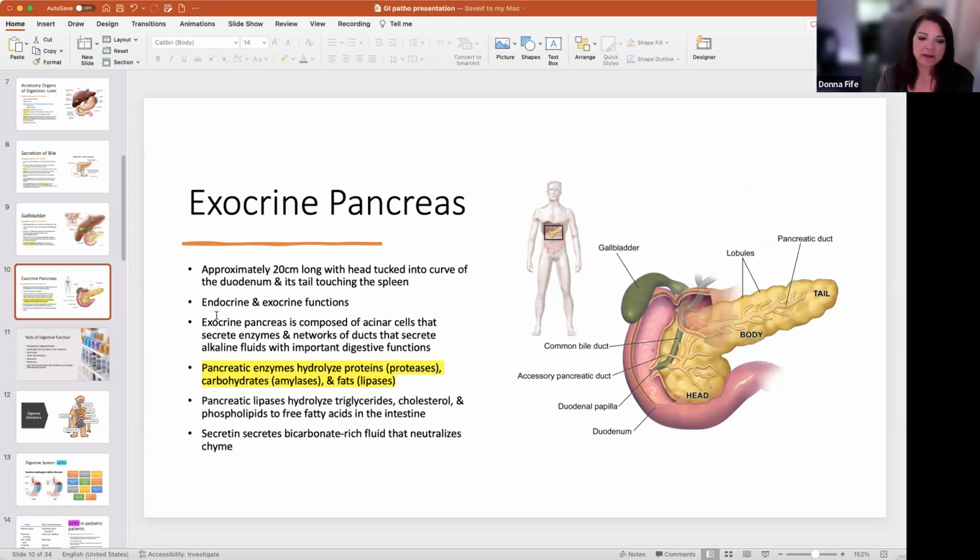Now, the pancreatic enzymes hydrolyze proteins, which are proteases, carbohydrates, which are amylases, and fats, which are lipases. Pancreatic lipases hydrolyze triglycerides, cholesterol, and phospholipids to free fatty acids in the intestine. And secretin secretes bicarbonate-rich fluid that neutralizes chyme.